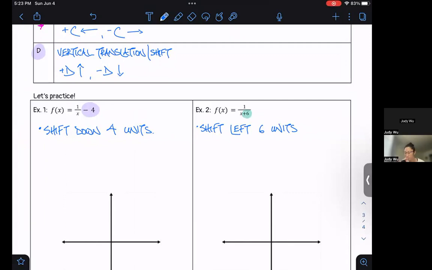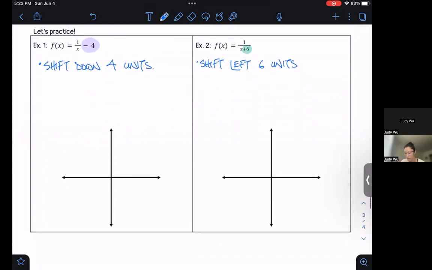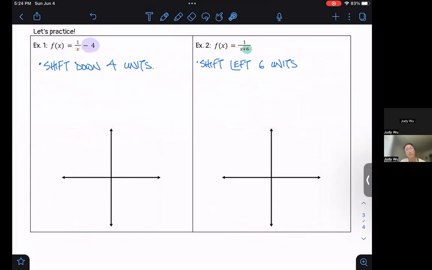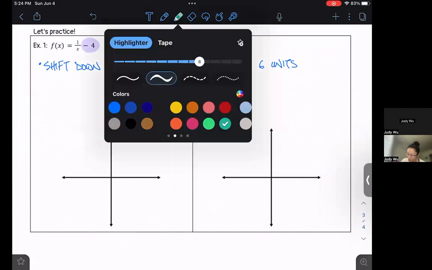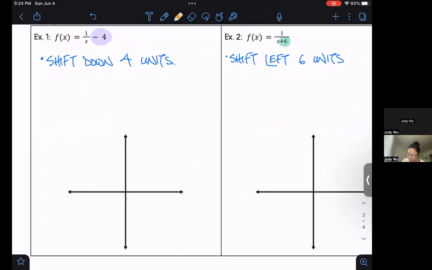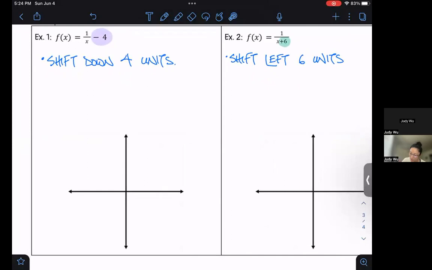Now let's think about drawing a picture for each of these. We're going to list out our transformations, draw our pictures, and also label our horizontal and vertical asymptotes. Let's get started with our horizontal asymptote. In example 1, if I move something down 4 units, then I'm actually moving the horizontal asymptote down 4 units.